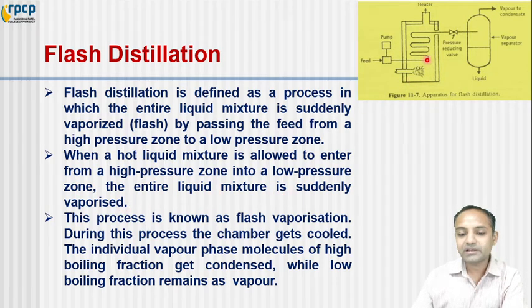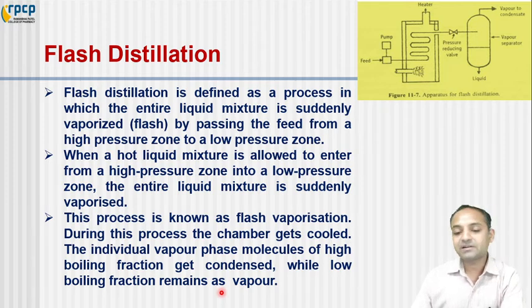This process is called flash vaporization, and during this process the chamber gets cooled, and the individual vapor phase molecules of the high boiling fraction get condensed first, while the low boiling fraction remains in vapor form. So whatever high boiling fractions are there are condensed first, and later the low boiling fraction remains in the vapor form.